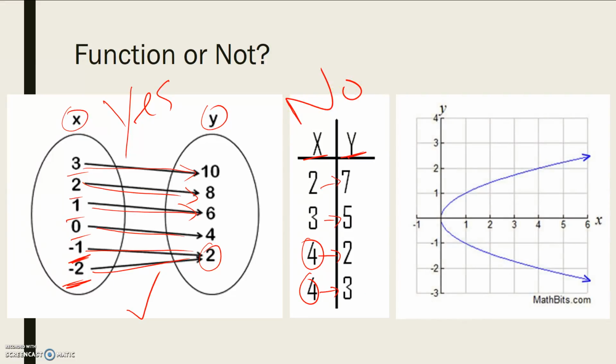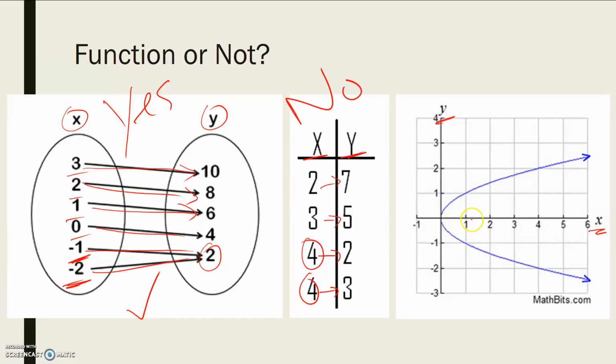Lastly, let's look at another graph. We're trying to determine if each element x goes to only one element y. This is not a function. Remember, for graphs, we can think of the vertical line test.